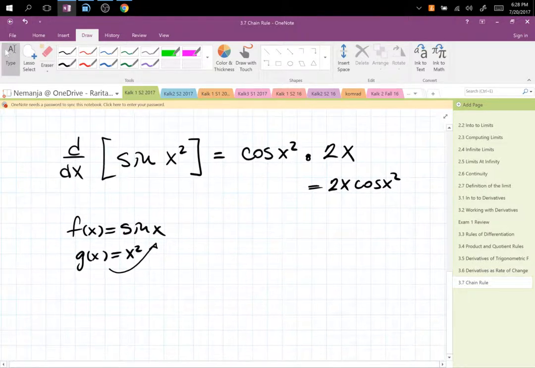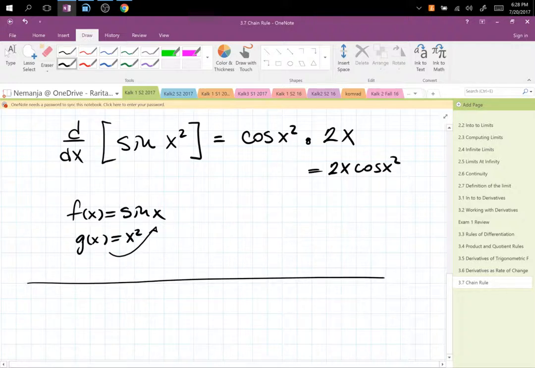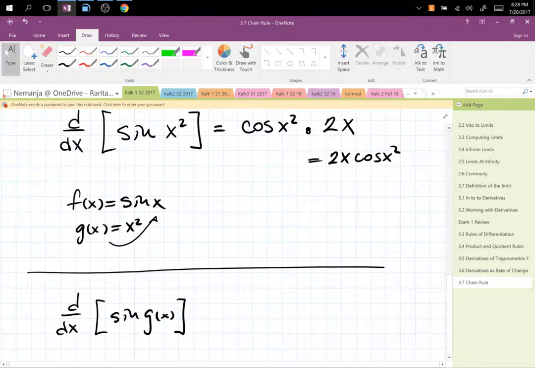Now I am going to do the same problem in general terms: figure out what is the derivative of sine of g of x. I am not going to use a specific x squared now.